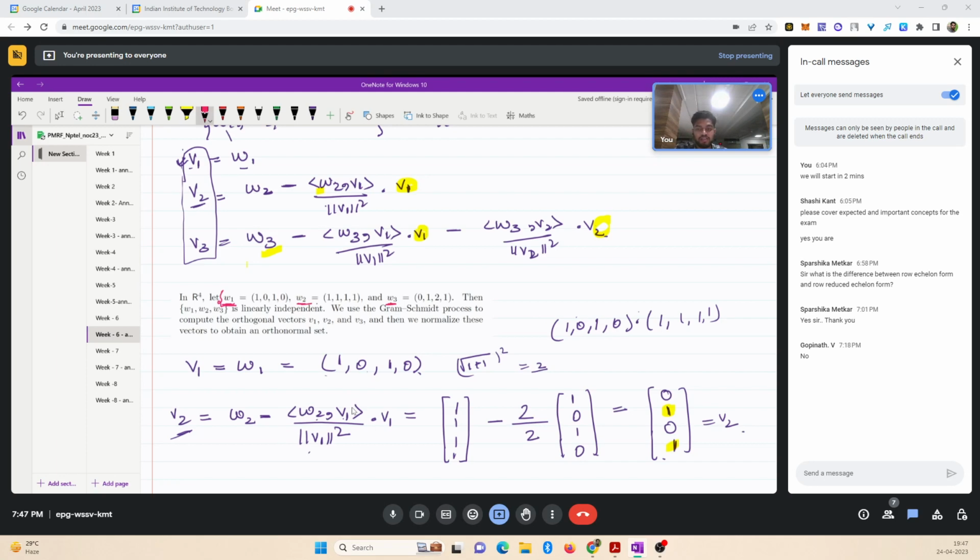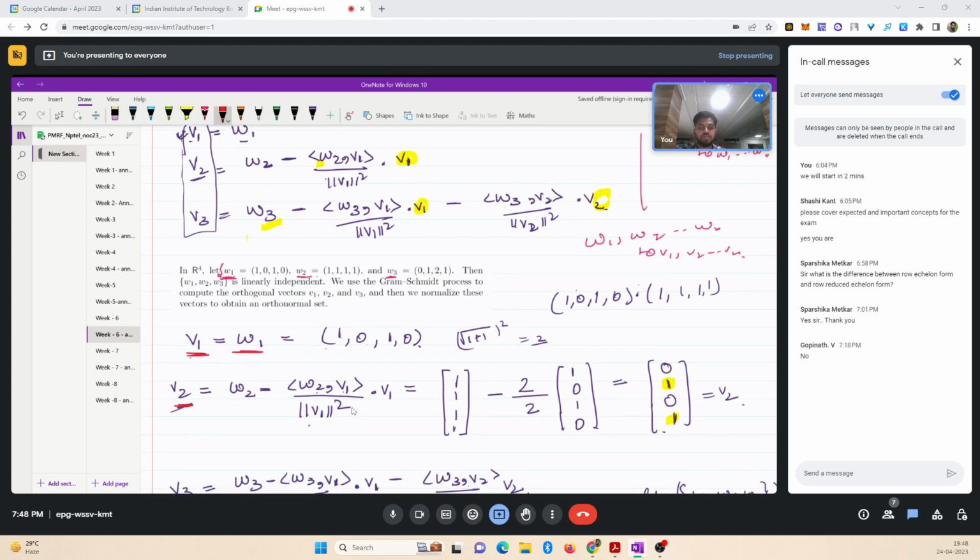As I mentioned, the first vector we should choose as it is. So we took V1. Remember that I was converting V1, V2, Vn to W1, W2, Wn. Here there is a slight flip in notation, that we want to convert W1, W2, Wn to V1, V2, Vn. This is a slight change in notation. So we take V1 to be W1.